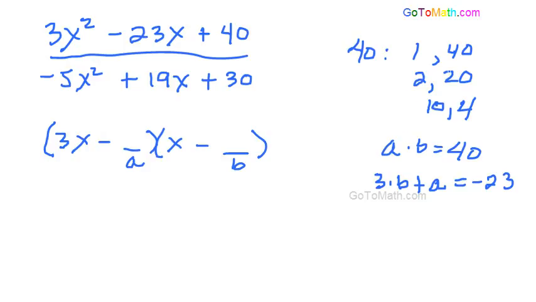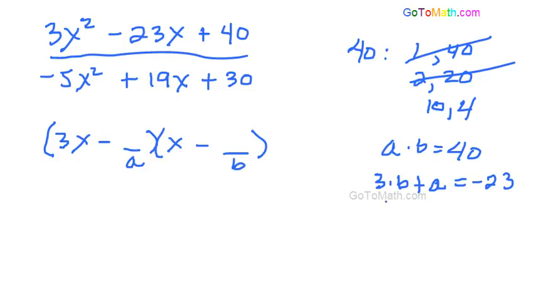We know it's not going to be 1 and 40, because if you put a 1 here and 40 here, that won't work. What about 2 and 20? Put a 2 here, you get 6, and if you put a 20 here, you'd get 60. That won't work either. 2 here, you get 6, that'd be 26. That's not going to work.